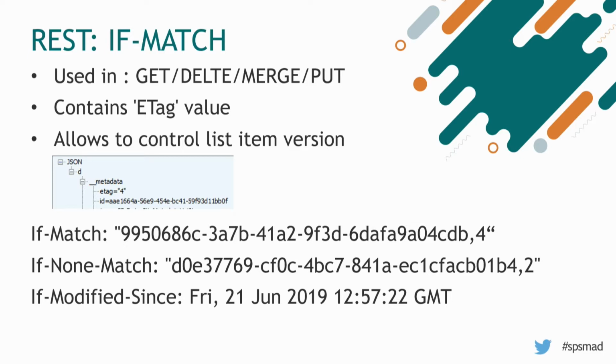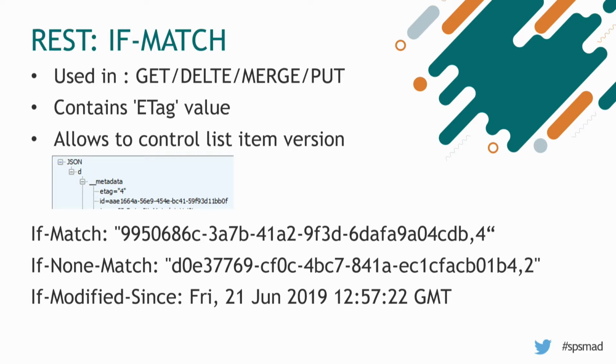It also allows us to specify, OK, I would like to delete this list item, but I'm not sure if it has been modified. Maybe it now contains valid data, or someone else has modified it, or maybe it's already deleted. I don't know. So that's why we have this tag, which provides us the information about the current status of the object.